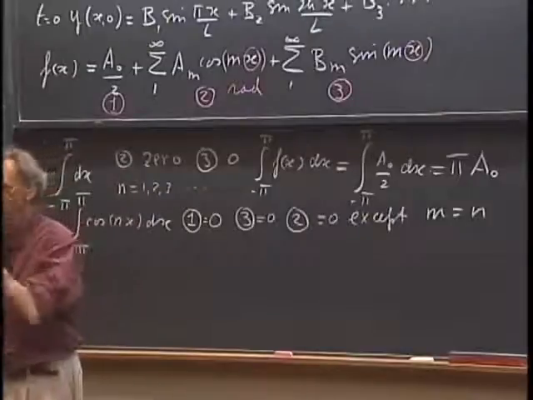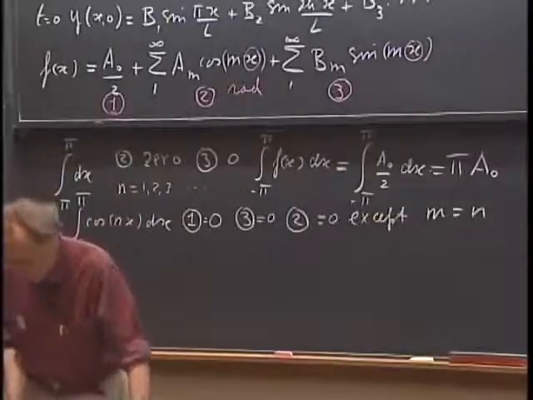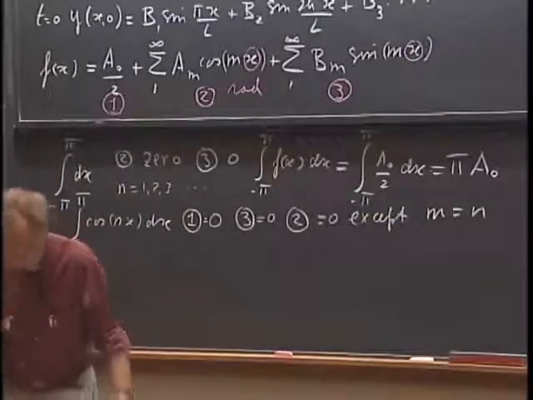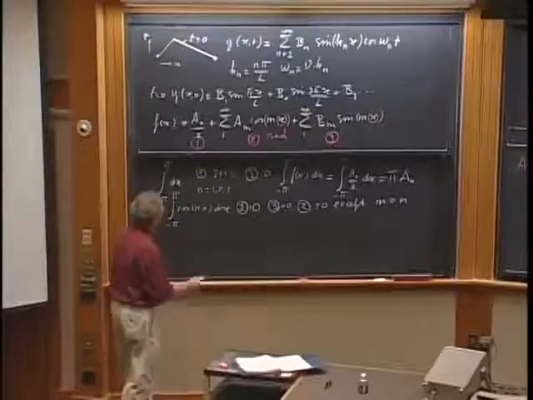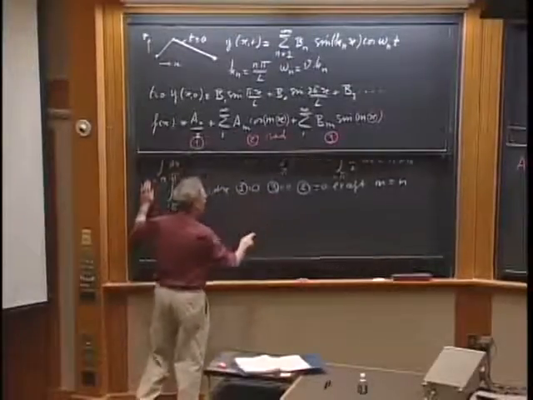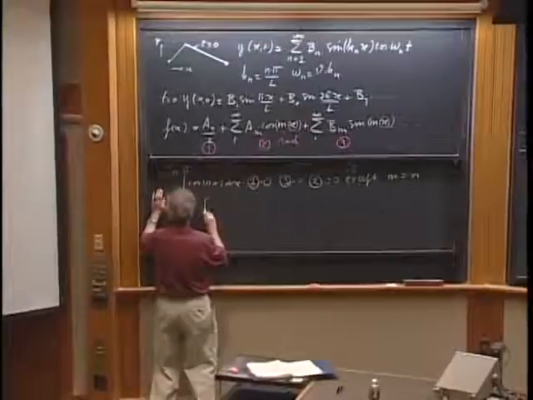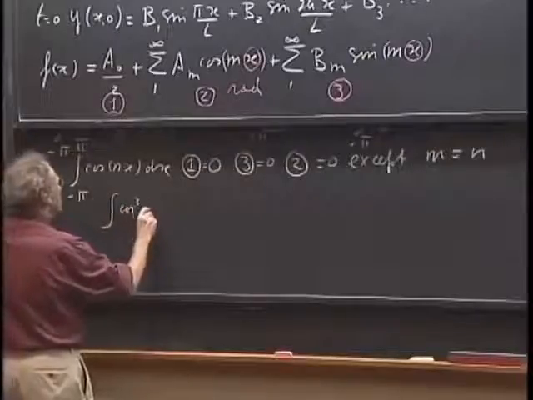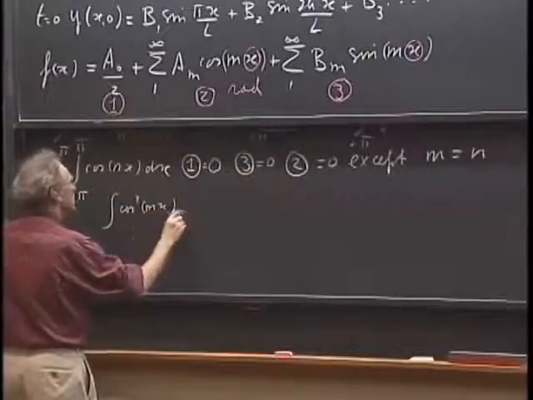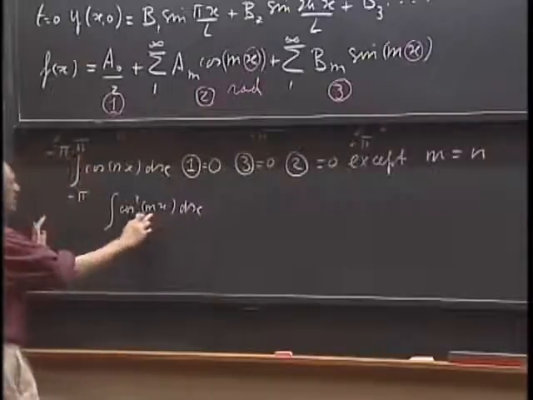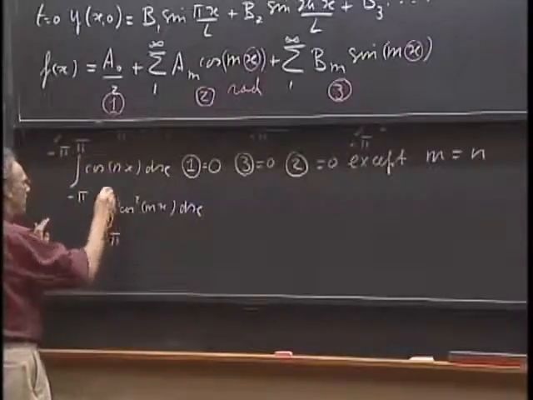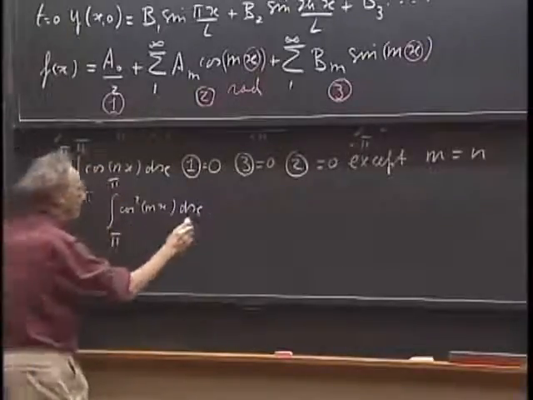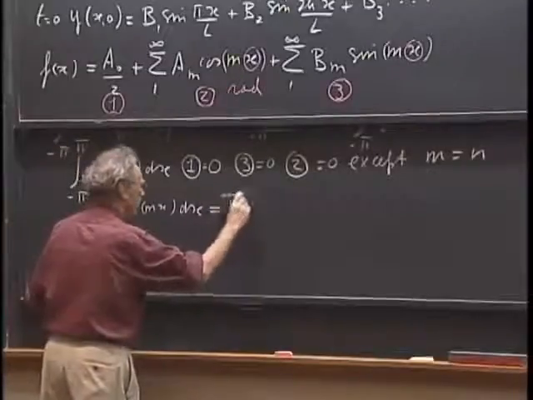And when you integrate a cosine squared, you do not get 0. In other words, if m equals n, you're going to get the cosine squared of mx dx, because m is n, and I must integrate that between minus pi and plus pi, and that equals pi.